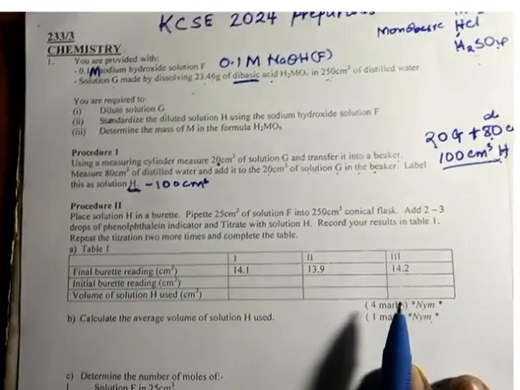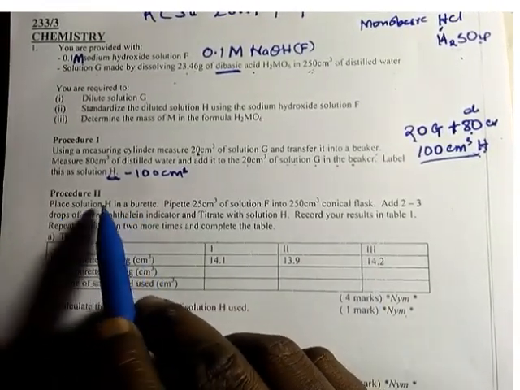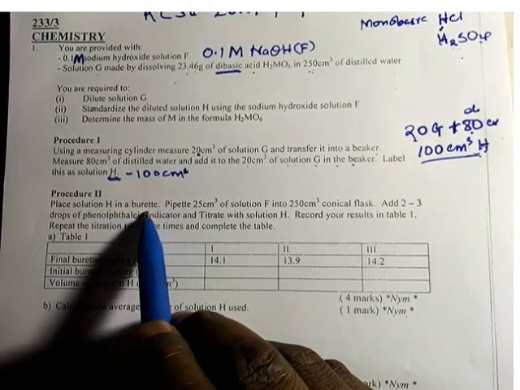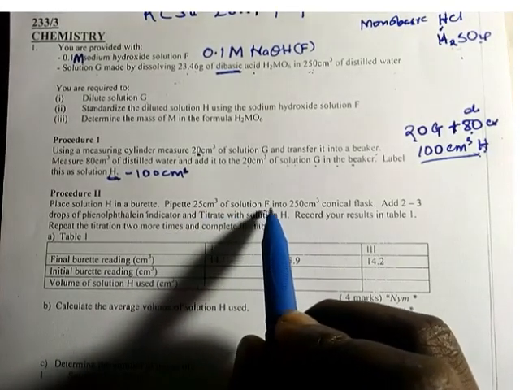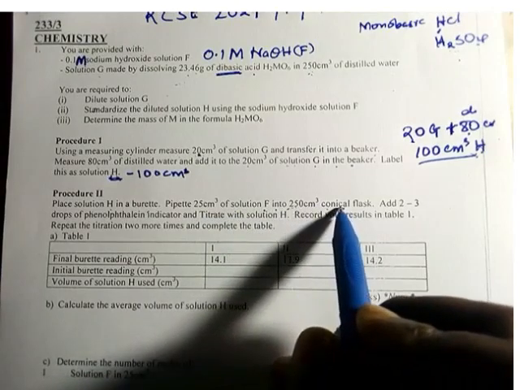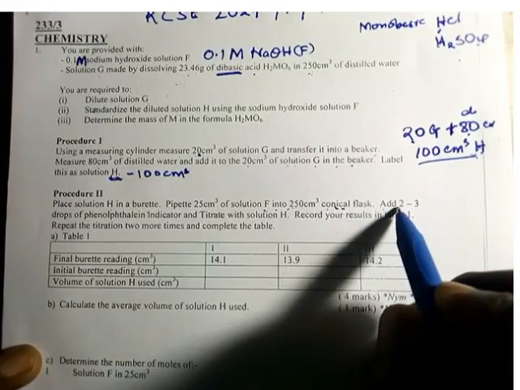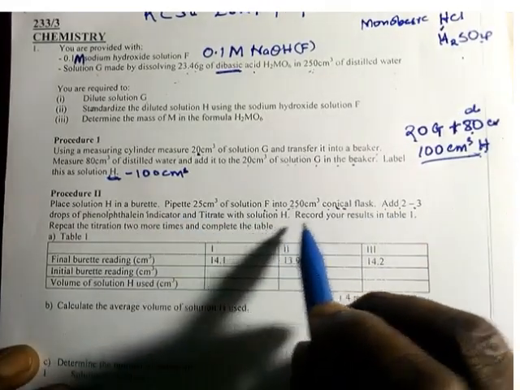Procedure 2. Place solution H in a burette. Pipette 25 centimeters cube of solution F into a 250 centimeters cube conical flask. Add 2 to 3 drops of phenolphthalein indicator and titrate with solution H. Record the results.